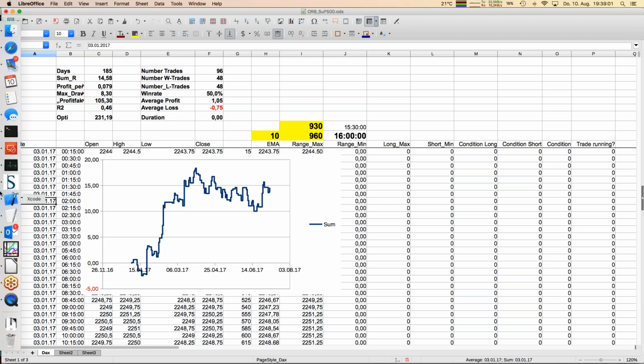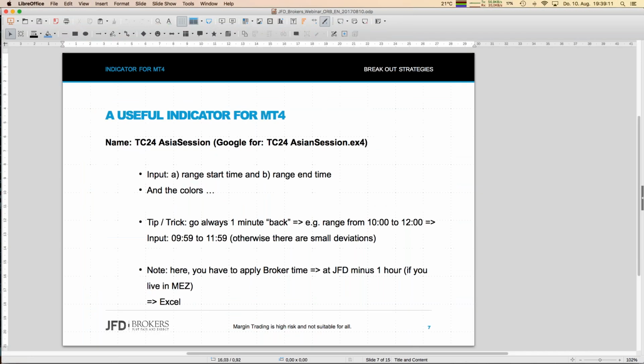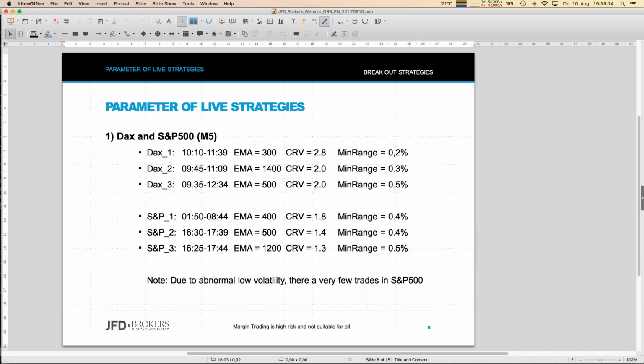But now let's go for 3 very good breakout strategies in a little bit more detail. Oh no, I have to change here. So I want to share with you parameter sets for breakout scenarios, and we will simultaneously not only look at the parameters, we will look at the live accounts as well.